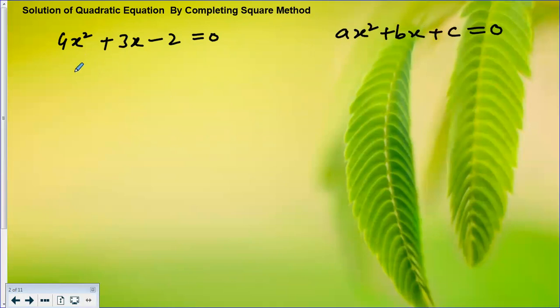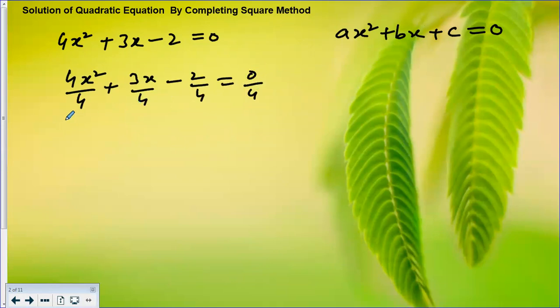Now, the second step, we need to divide both sides by the coefficient of x square, which is 4. So just divide both sides by 4 and simplify it. We get x square plus 3 over 4x minus 1 over 2 equals 0.